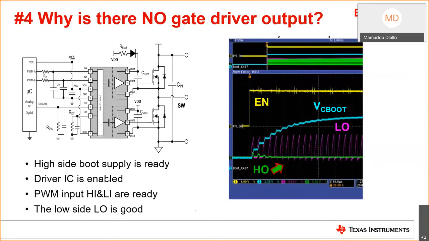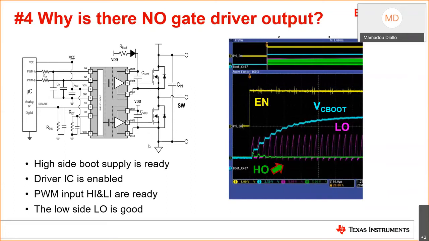Looks like we have 27% of the responses selecting option B, which is insufficient VC boot voltage, which for this case, I can see where that's coming from, but for this case, not so much.